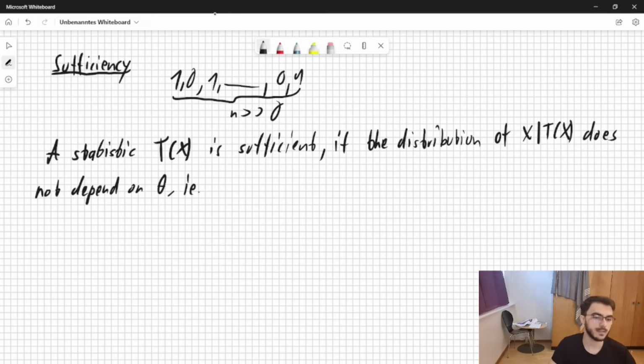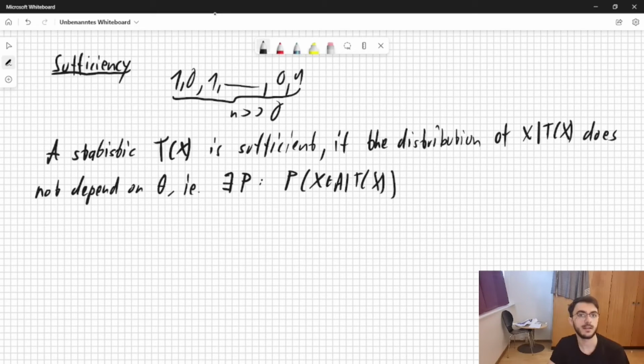So there exists some probability measure, P, such that the probability of X being, again in some set A, given T of X, and now I'm not going to write given T of X and theta here, because it gets a little bit confusing, and also because theta can actually mean, we have this definition of conditioning on theta in Bayesian statistics, but this concept is actually used in both, and you can just think about some fixed theta, it doesn't matter.